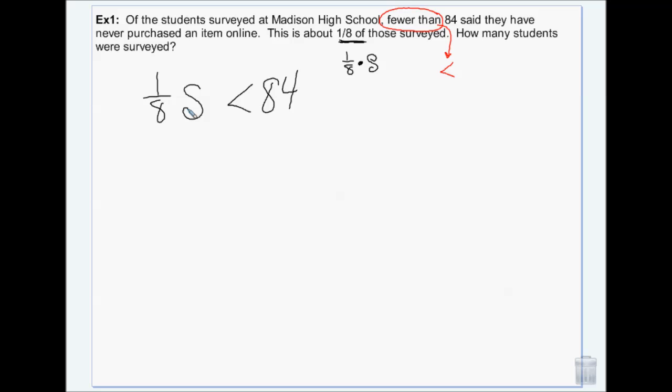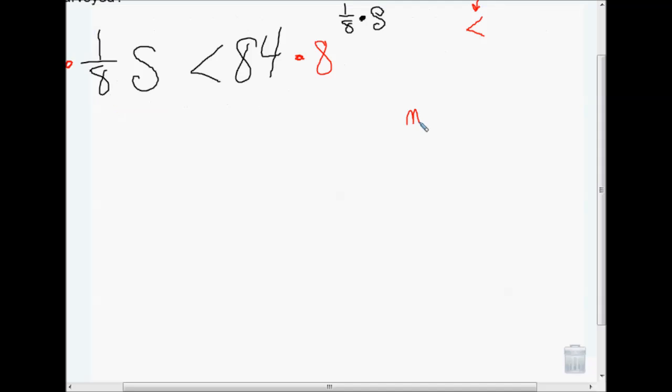Does that make sense? So in order to get rid of the division, I have to multiply both sides by 8. Or if you want to think about it, anytime you see a fraction times a variable and you need to clear it, you're going to multiply both sides by the denominator.